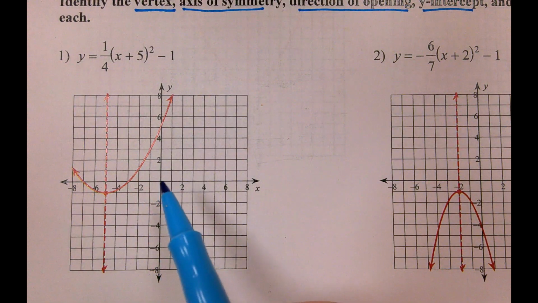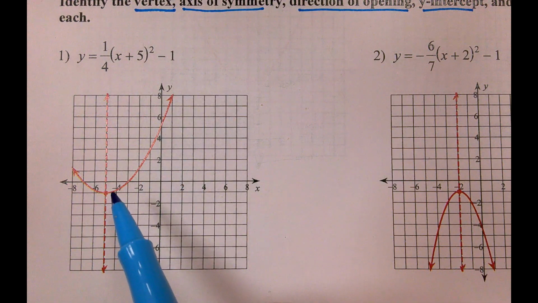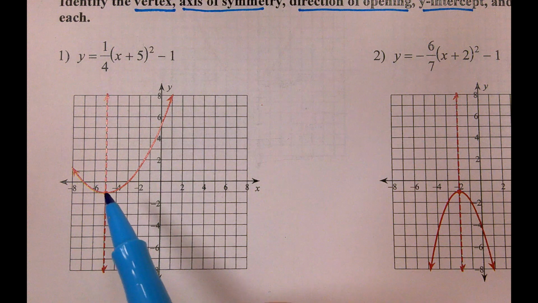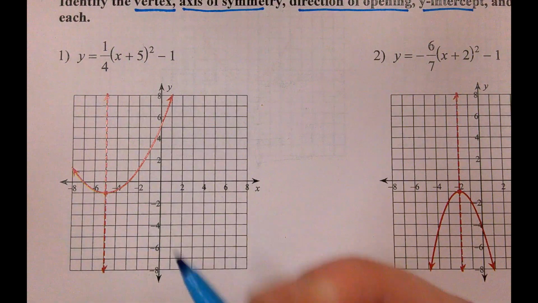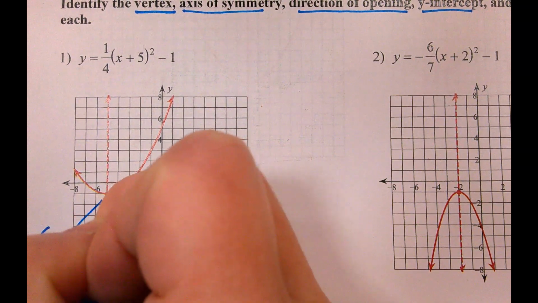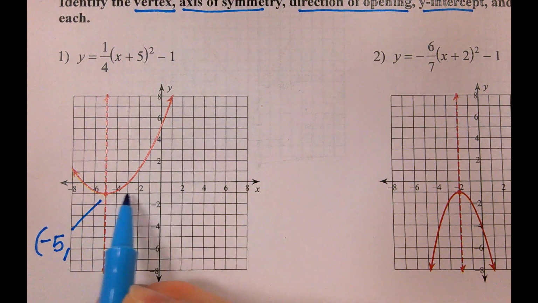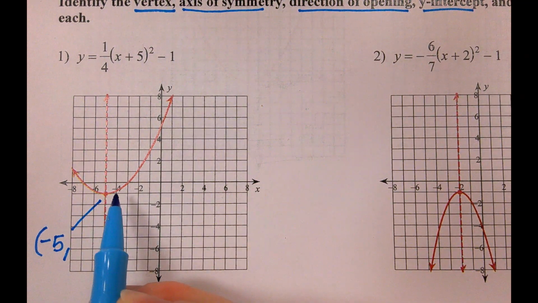So the vertex, remember, is that point right here. First, where does it line up with the x-axis? -5. Yes, -5. That's going to be my x value. And then where does it line up with the y-axis? -2.